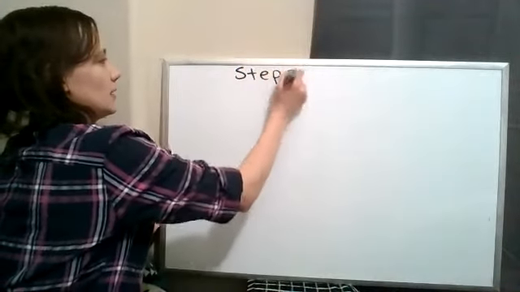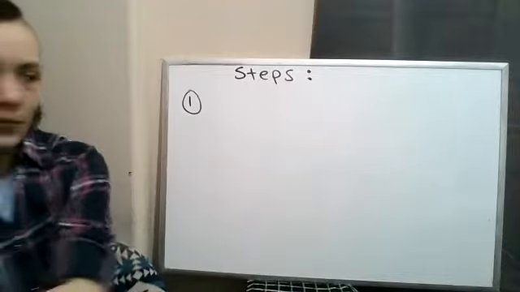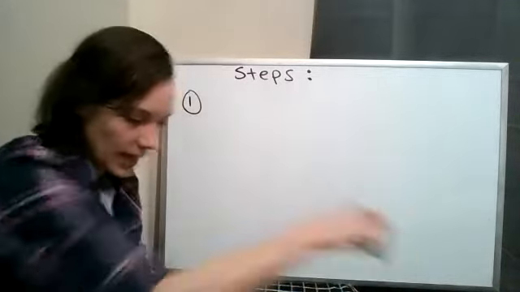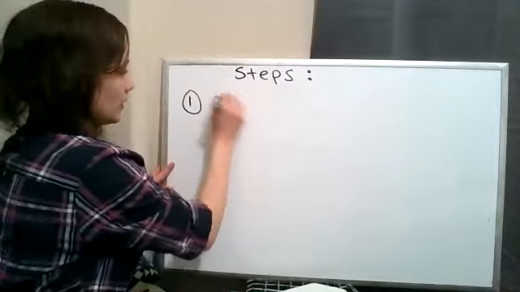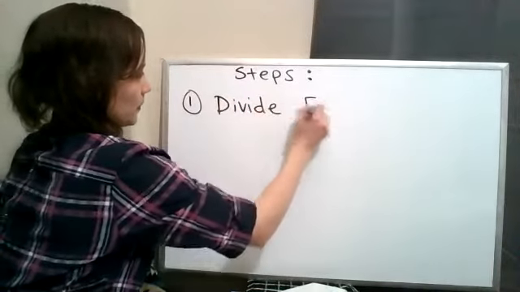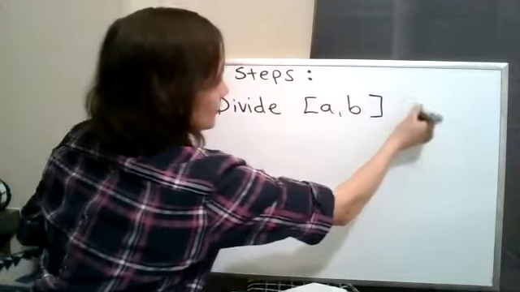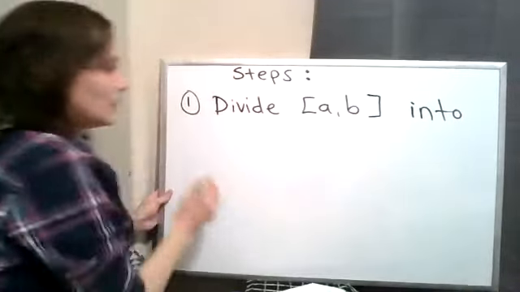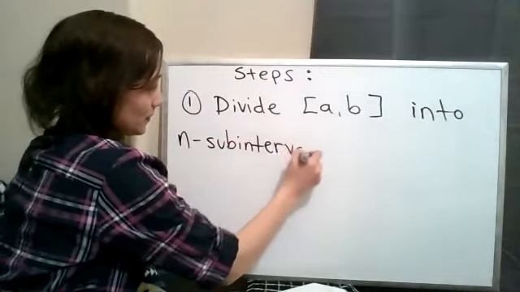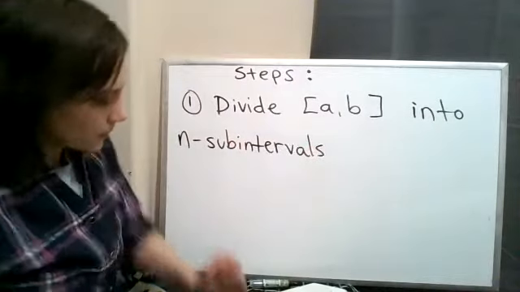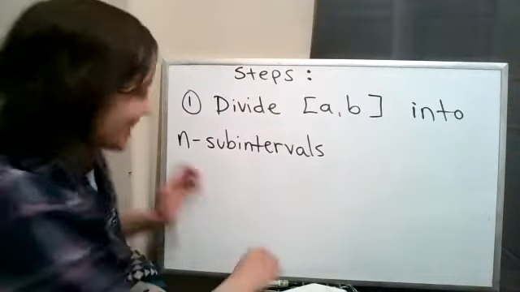Steps. First step: break the interval into n subintervals, or divide the interval [a, b] into n subintervals, each with width delta x.